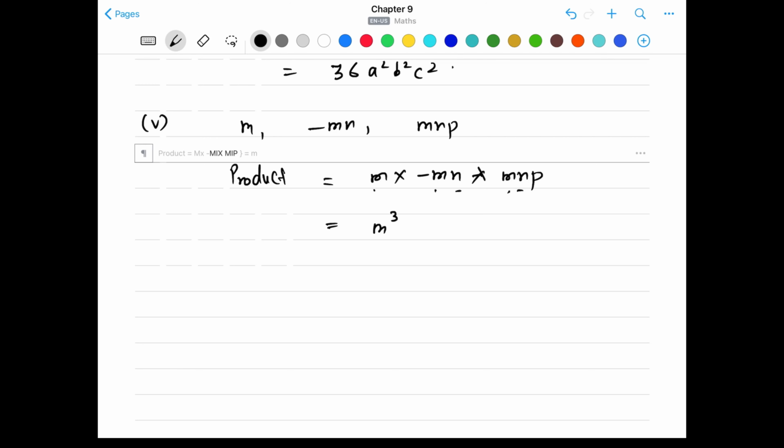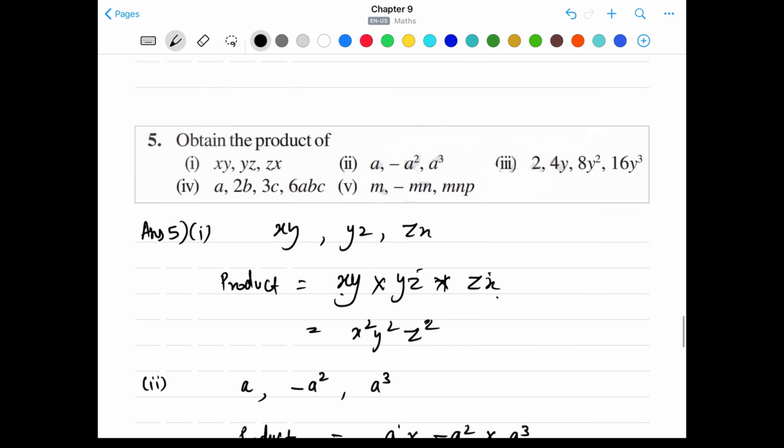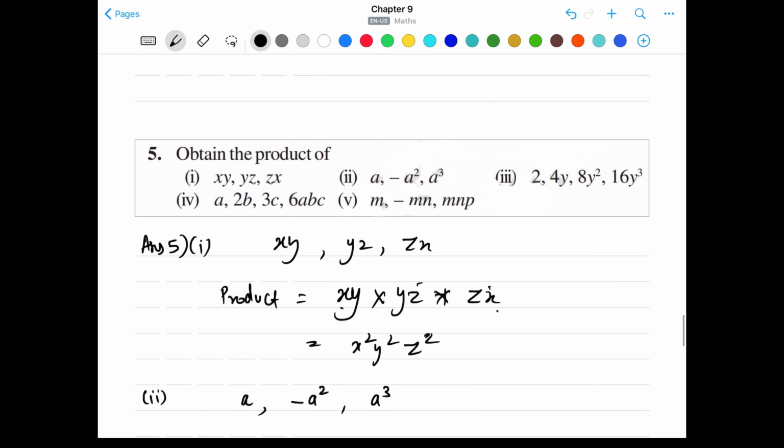We have 1n here and 1n here, so this will be n square, and we have only p here. Now this one is plus, this is also plus, so plus plus will become plus, and plus into minus will become minus. So our final answer will be minus m cube n square into p. So that's the answer of part 5, question number 5 of exercise 9.2.